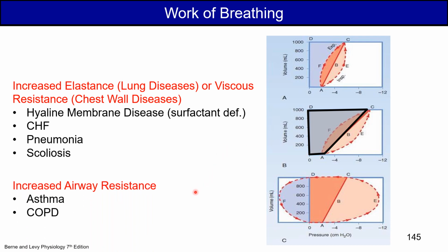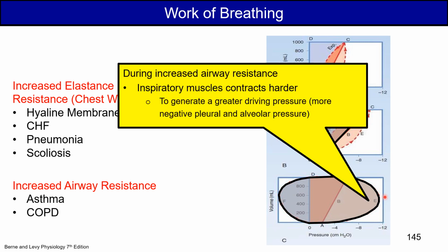Now, the airway resistance work of breathing may be increased in asthma or COPD. And you can see here that the loop becomes larger. So during inspiration, the inspiratory muscle needs to generate a more negative intrapleural pressure to create a higher driving pressure for air to go inside the lungs.